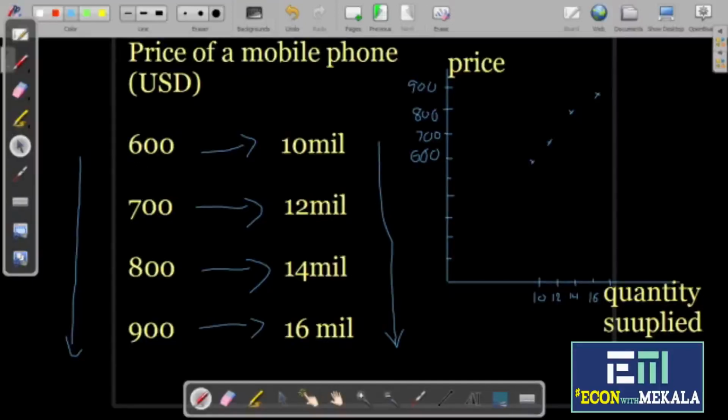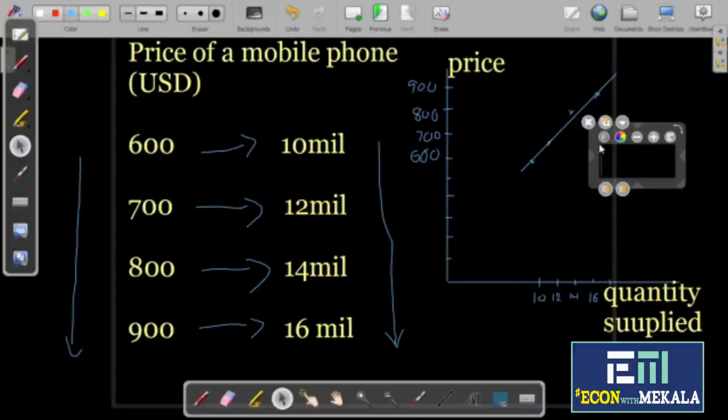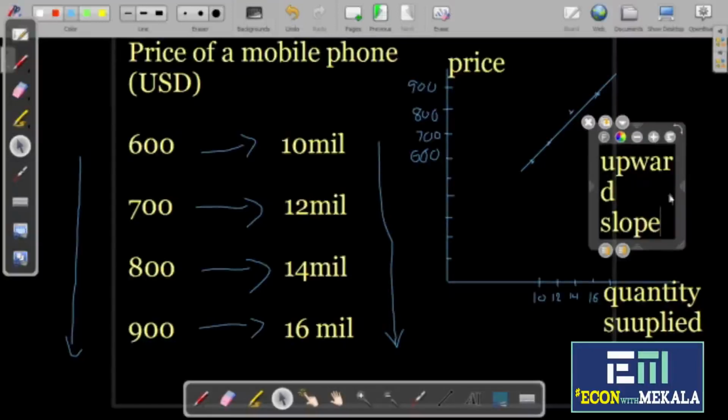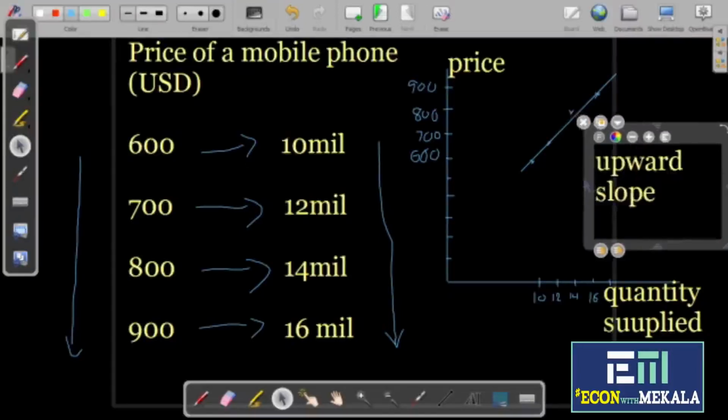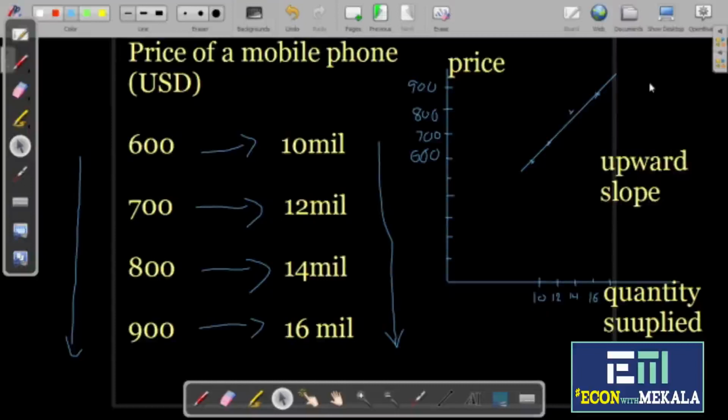So if you connect these coordinates, you can get an upward sloping curve. So this is the supply curve. So remember, the supply curve has an upward slope. Why does the supply curve have an upward slope? Because price and quantity supplied have a positive relationship.